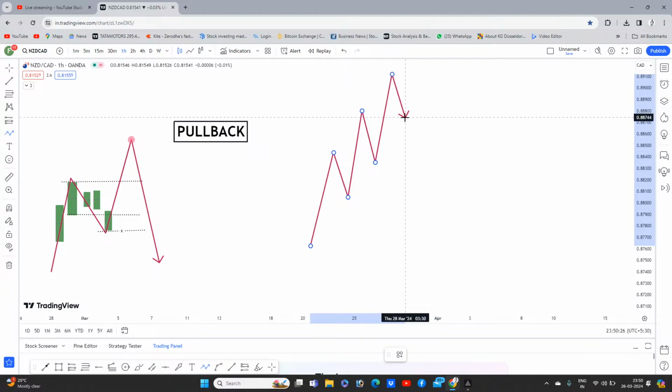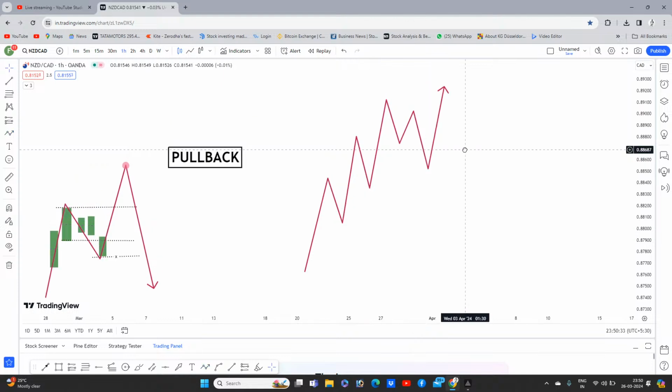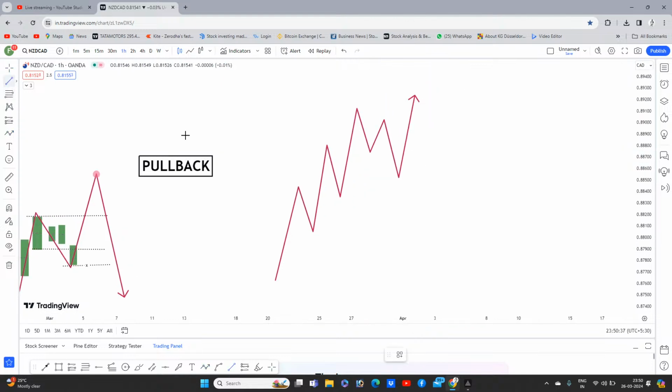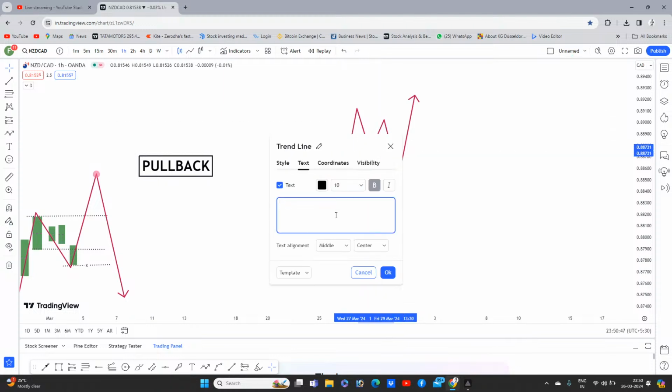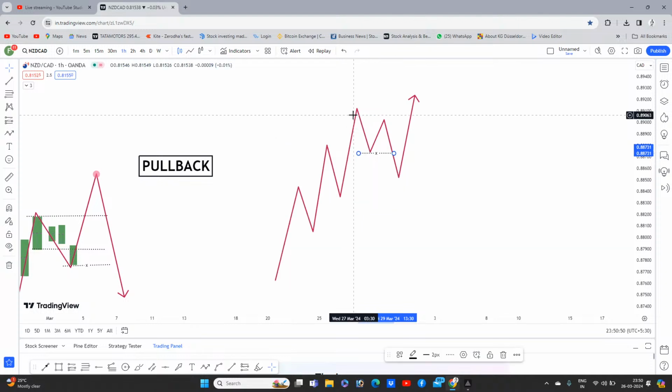Suppose the market has made this structure, and then this, and then like this, right? People see this as an inducement, because they say this is a pullback which the market has taken, and they mark this as a swing high point. But let me tell you that this is the wrong way of structure mapping.